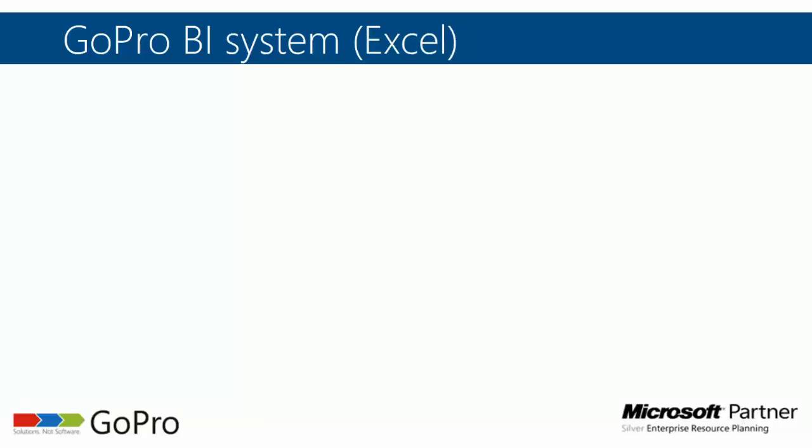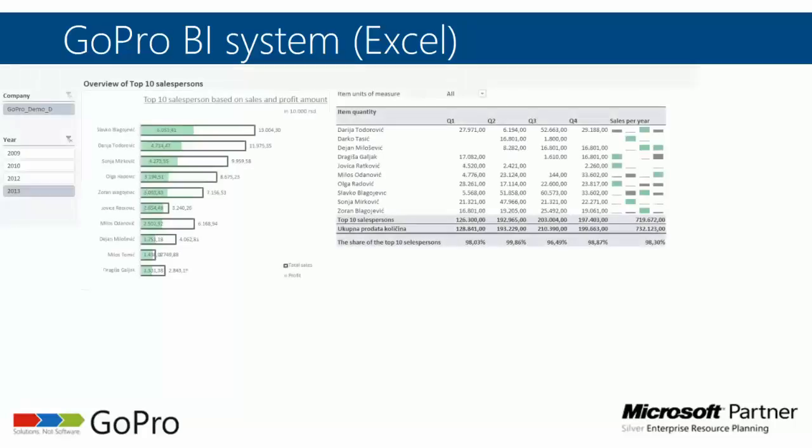We can use many front-end tools to create reports and dashboards. One of them, the most often used, is Excel. We will show some examples that are created for GoPro BI cubes. Here we can see an overview of the top 10 salespersons.